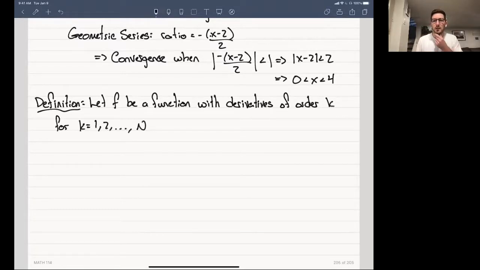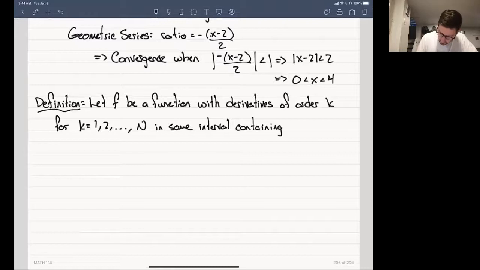So the idea here is that you can take up to some number of derivatives of your function. You don't need it to be infinitely differentiable in some interval containing a as an interior point. So the same pieces that you needed for the Taylor series.